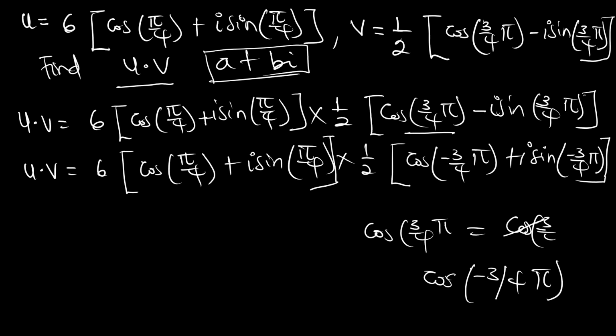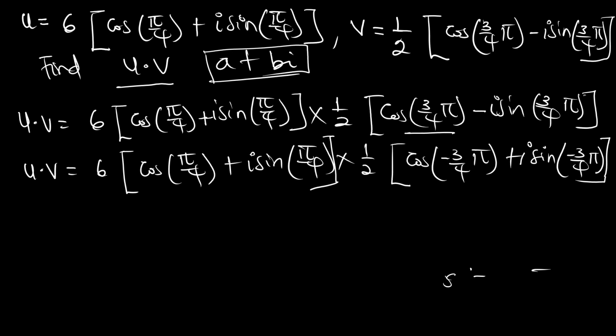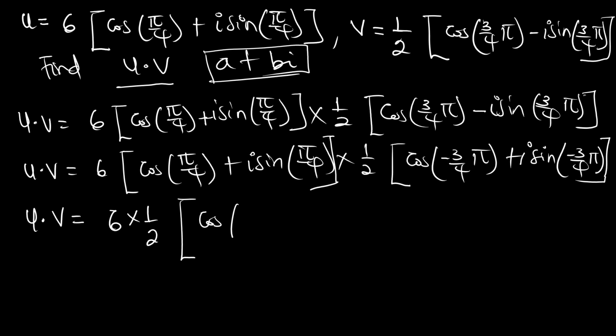So now that we have all the signs to be positive, we carry out our operation. So we have uv equals, we multiply the moduli. So 6 times half into bracket cos pi over 4.